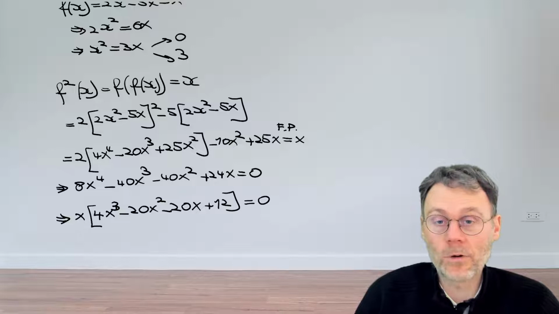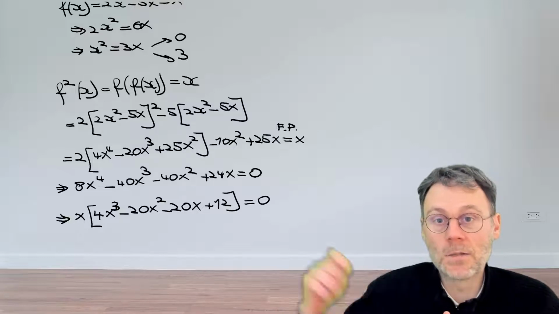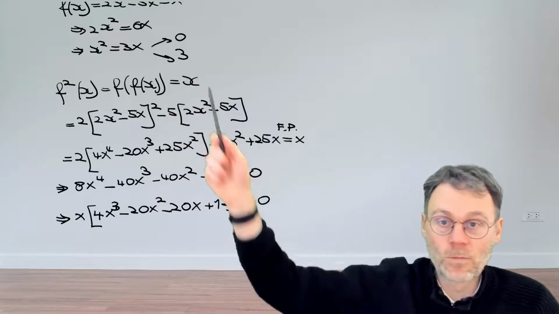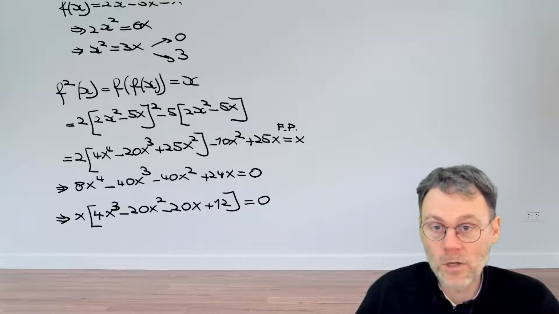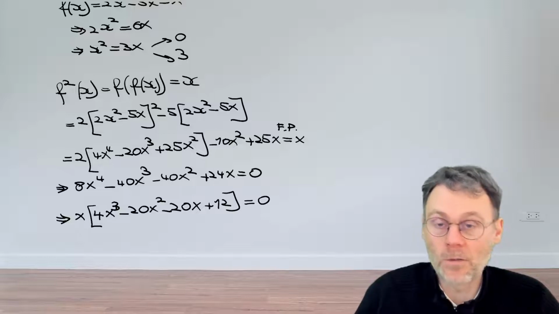But again, remember, the fun part of this exercise is making use of the fact that these are fixed points to help us simplify the solution to that equation. Perhaps at this point, you can pause the video again and think about what you would do to make your life easier.